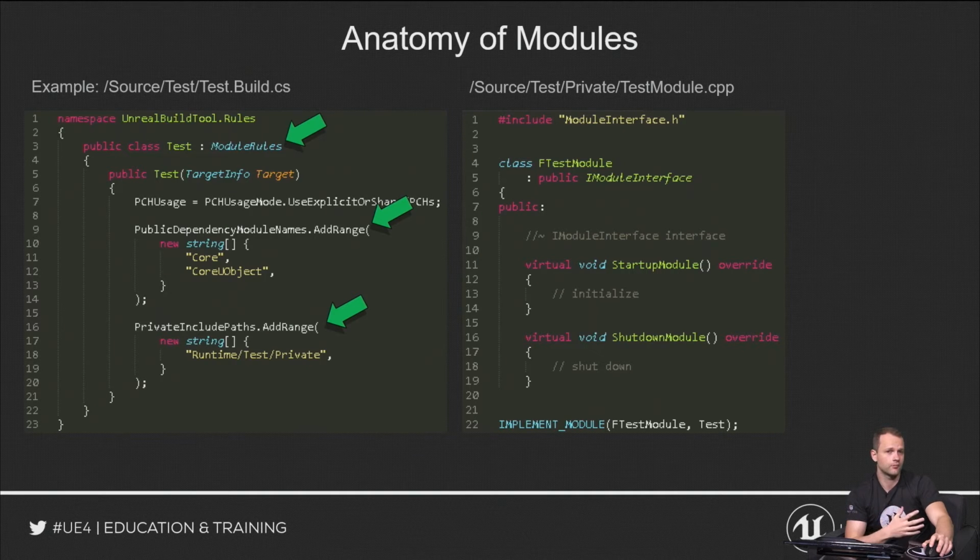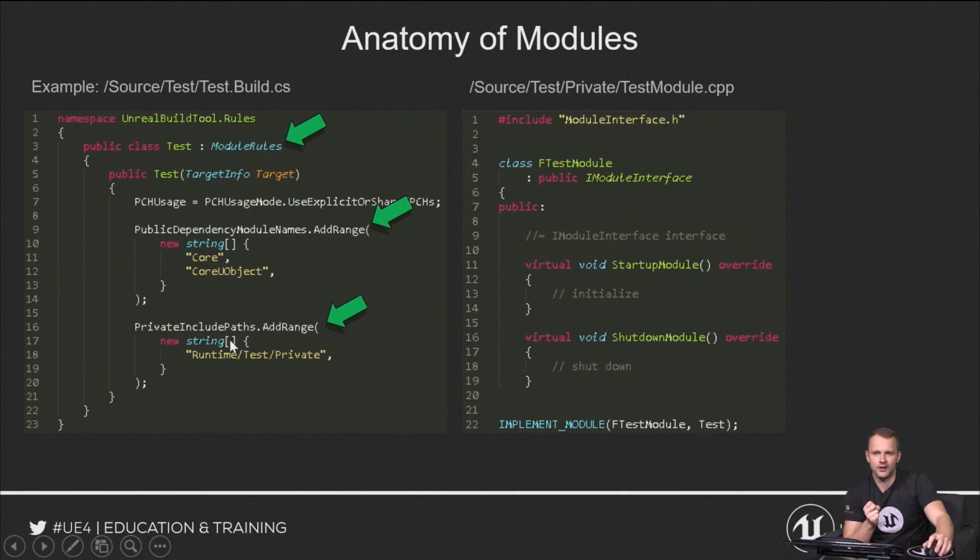So if there's a third module that wishes to use functionality in your module, then this third module also needs to pull in Core and CoreUObject, because the types that you made public and that you exported from your module depend on other types that are declared in those other modules. I hope that makes sense.